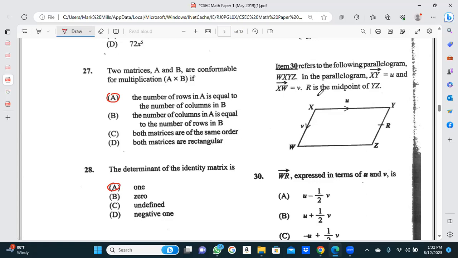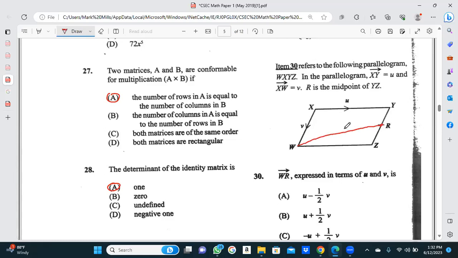V, right? And R is the midpoint, all right? So they ask a question, I should find the vector WR. What do they want? W to R. I want to find it here.